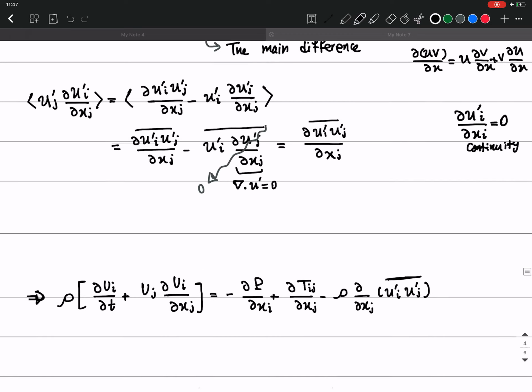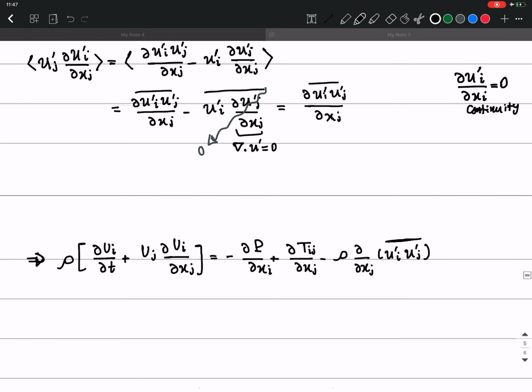So this equals minus partial p over partial xi, and then if we factor partial over partial xj, we have tau ij minus rho u prime i u prime j bar.